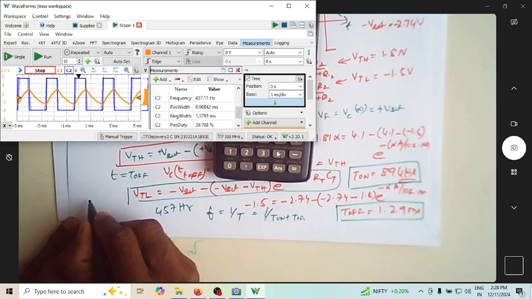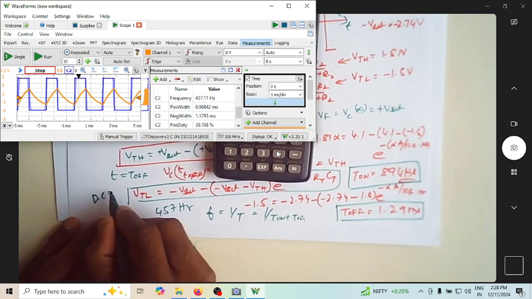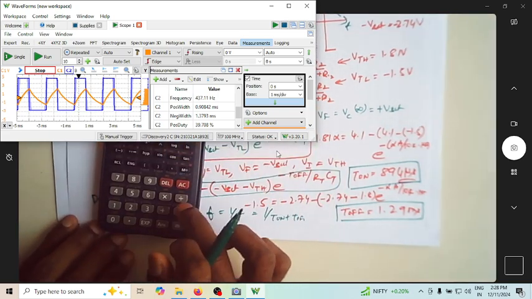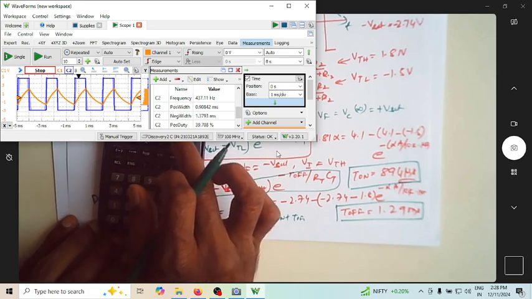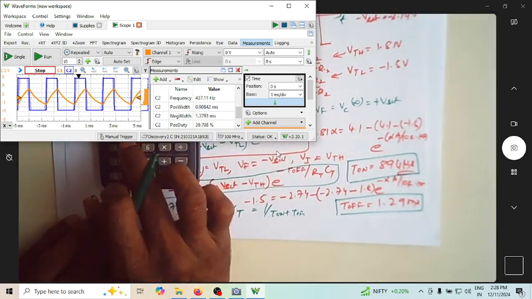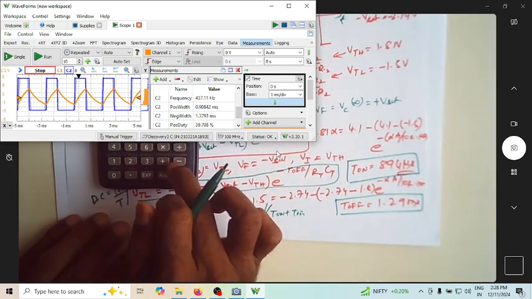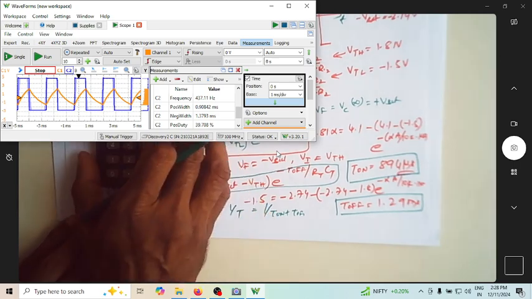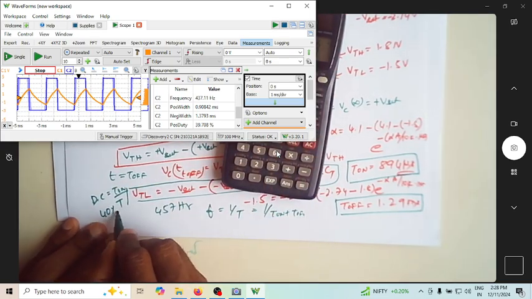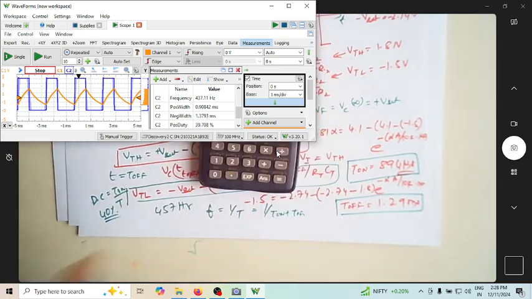The duty cycle is T on by total T, so 1 over this into 894 exponential minus 6. So it's actually 40%. So duty cycle is 40% and frequency is 457.